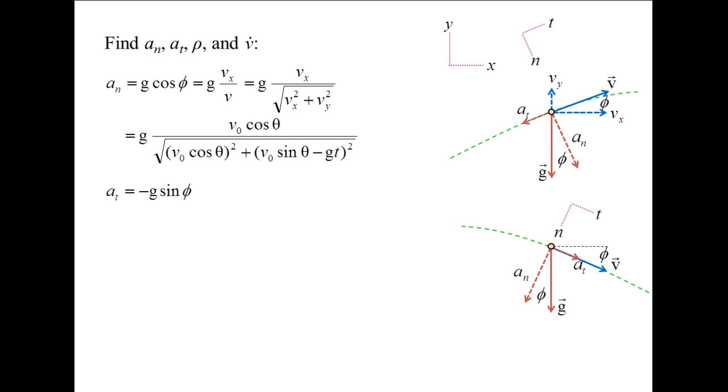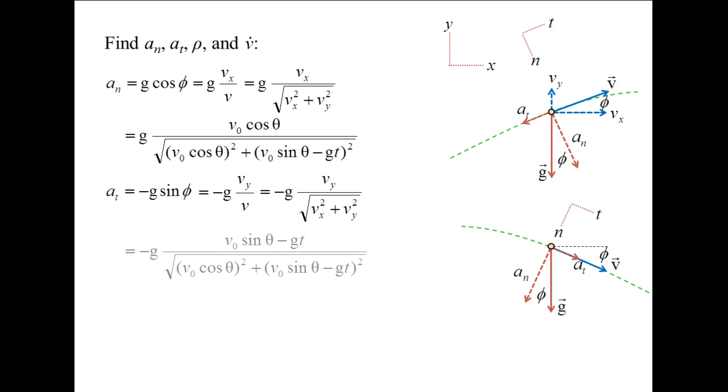Sine phi is equal to the y component of the velocity vector divided by the magnitude of the velocity. Plugging in expressions for Vx and Vy, we now have an expression for the tangential acceleration component as a function of time and known quantities.